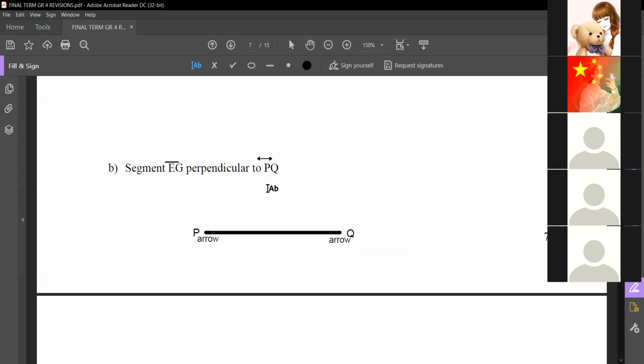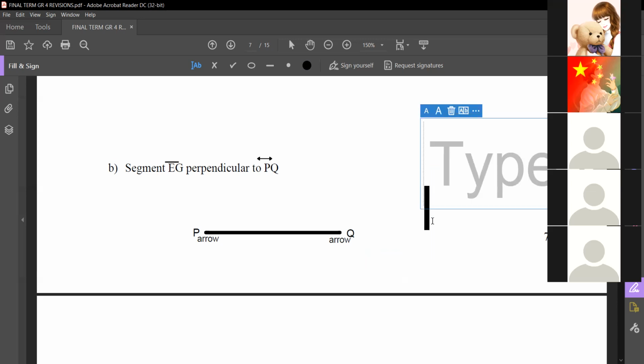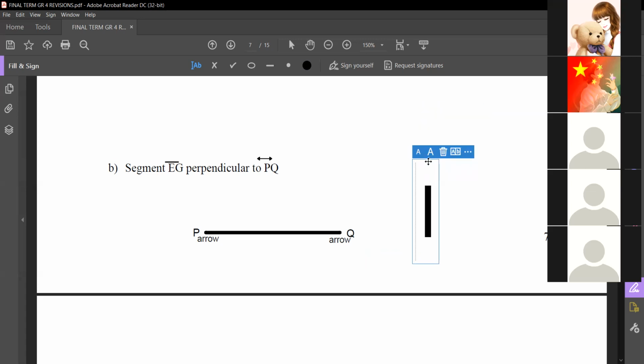This is PQ. Where do you need to draw EG? Class, where do you need to draw EG? You can draw anywhere. The perpendicular can intersect PQ or you can put it here. Up to you.